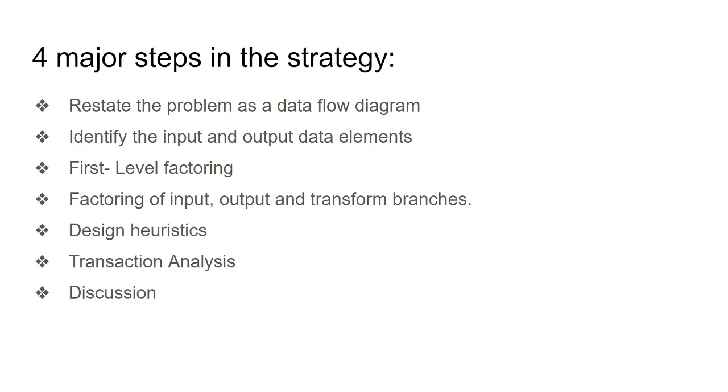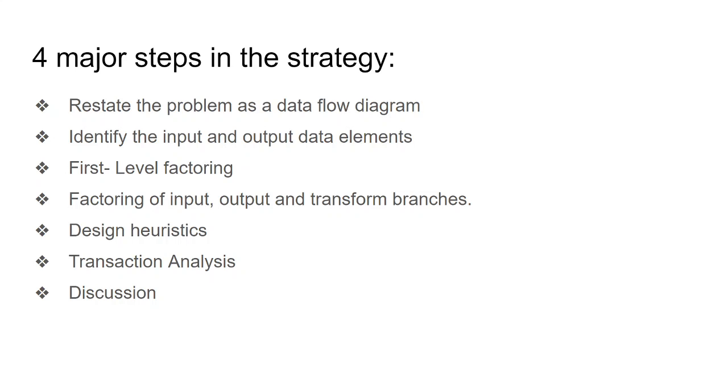When you do these things, what do you need to keep in mind? The next one for that is the design heuristics. We have given the four major steps and you build your system with the help of those four steps, but it is not compulsory that you build your system exactly as mentioned in the above four steps.